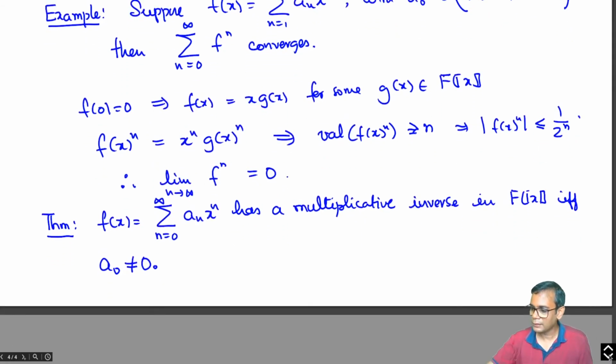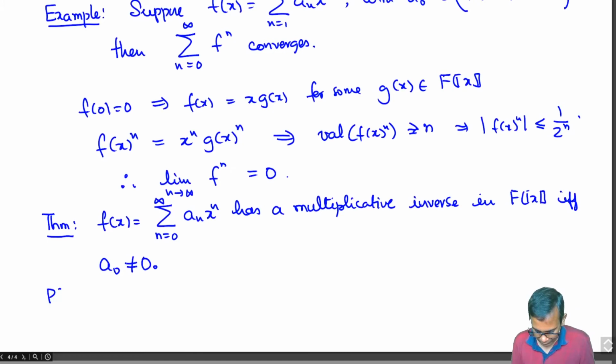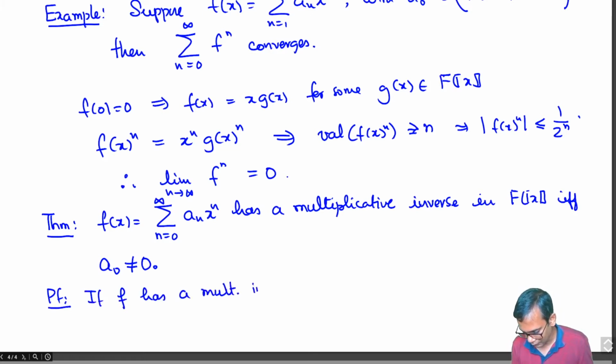And I'll in fact show you how to compute the multiplicative inverse. So firstly, let's prove that if f has a multiplicative inverse, this is the easy part, call it g.